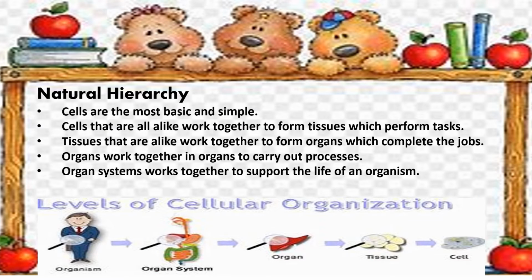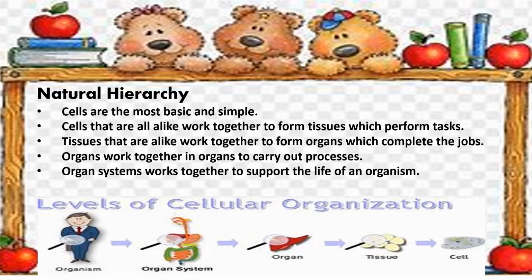So class, let us find out the levels of cellular organization. As I have said, cells are the most basic and simple. Cells that are alike work together to form tissues which perform tasks. And tissues that are alike work together to form organs which complete the job.